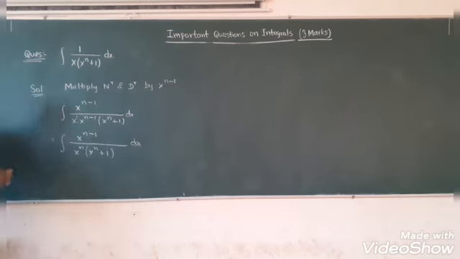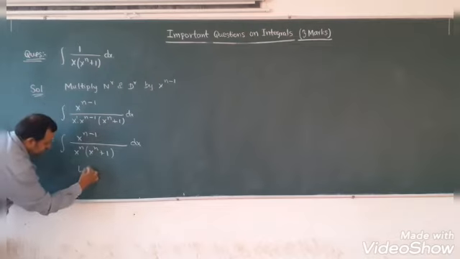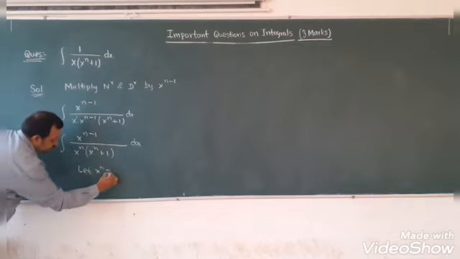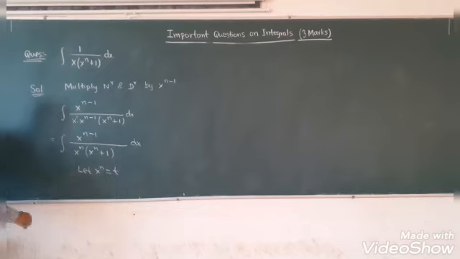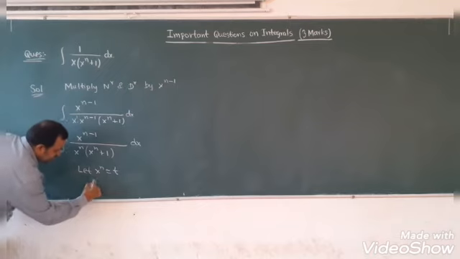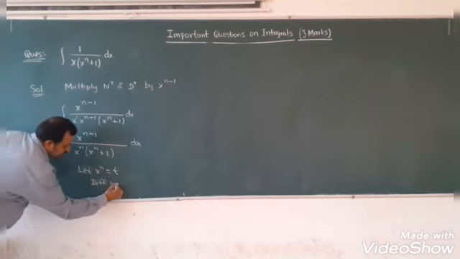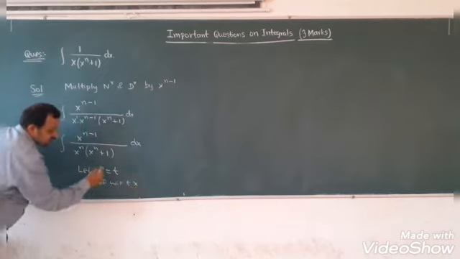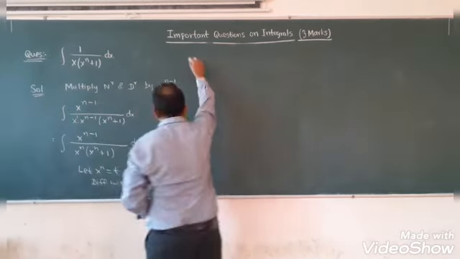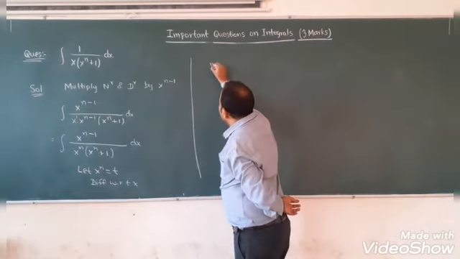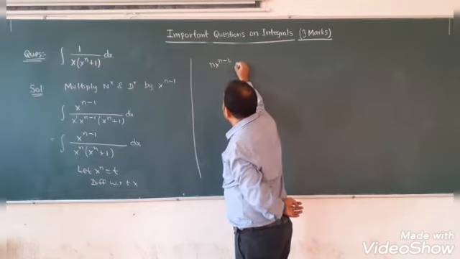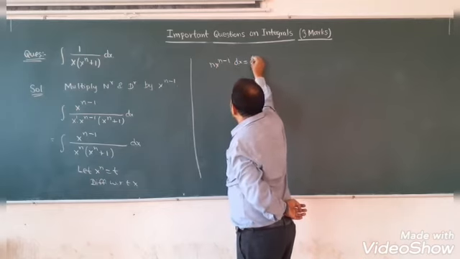Now we have to make a substitution. Let x to the power n equal to t. Differentiate both sides with respect to x. What is the differentiation of x to the power n? n x to the power n minus 1 dx is equal to dt.